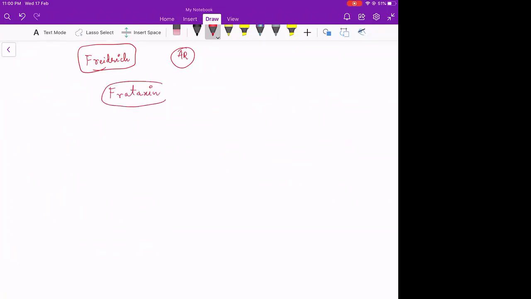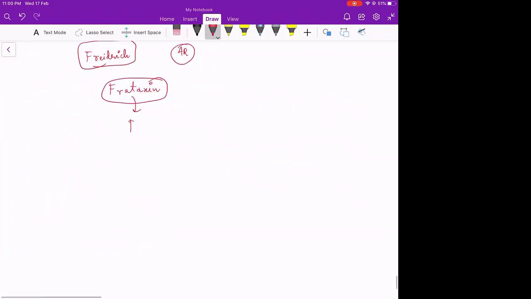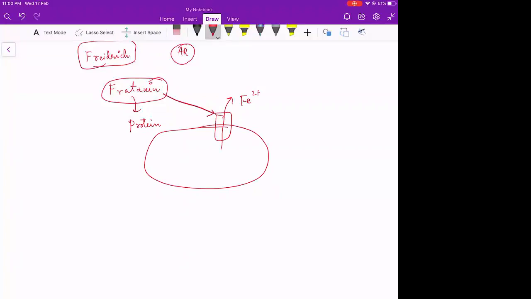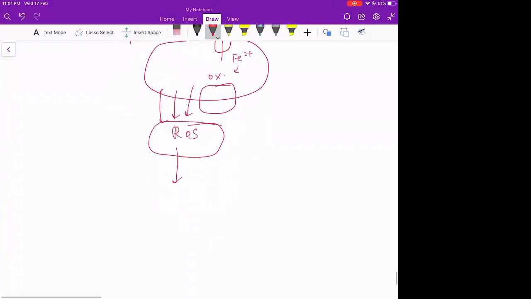The frataxin gene produces a protein which helps in taking out the iron from the mitochondria. So if the gene is affected, iron accumulates, and the oxidative phosphorylation process will not take place in the mitochondria. Hence, reactive oxygen species will further accumulate, and this will cause neuronal damage.